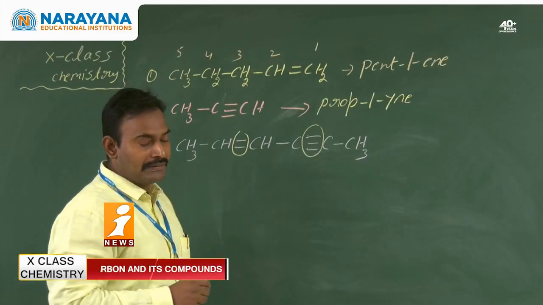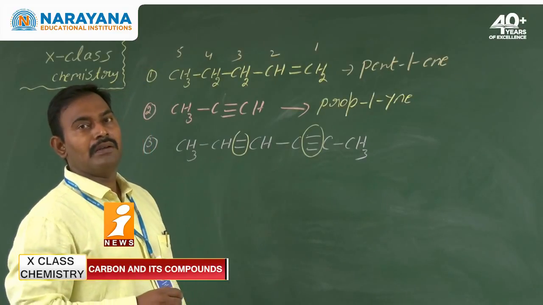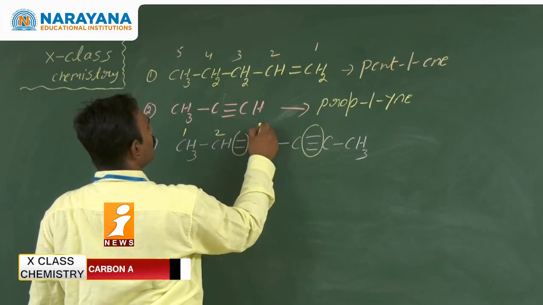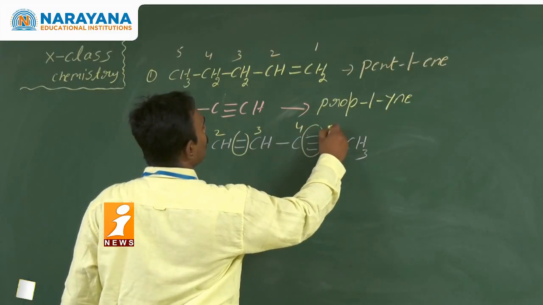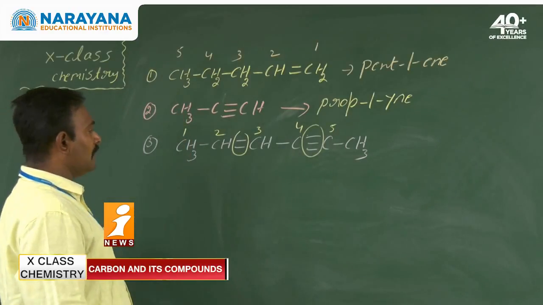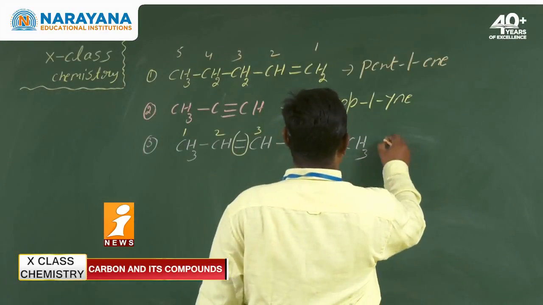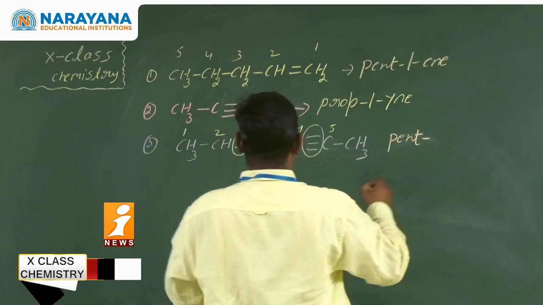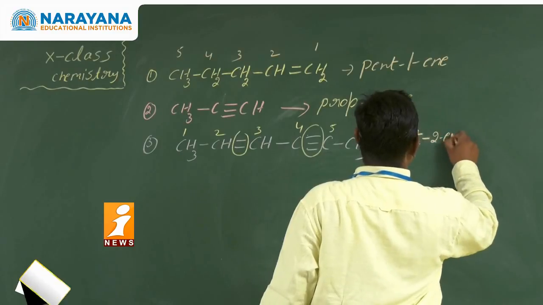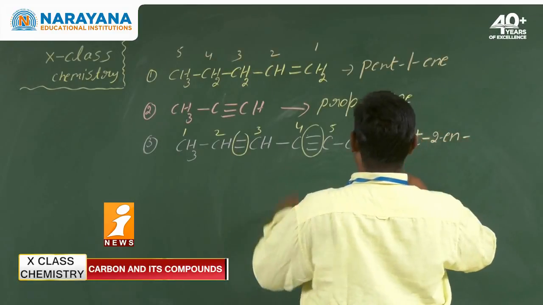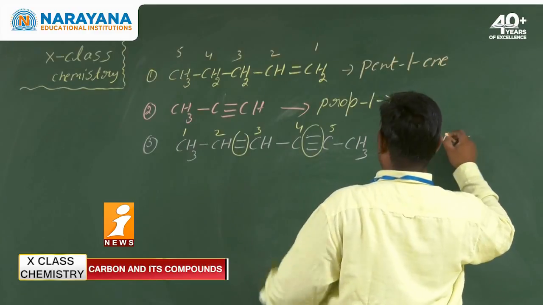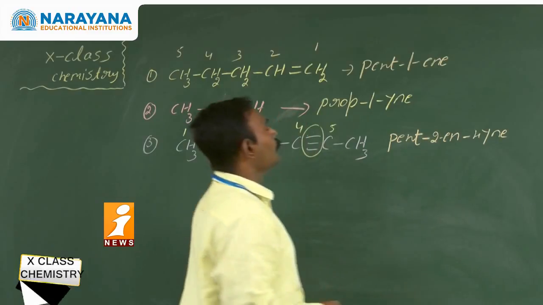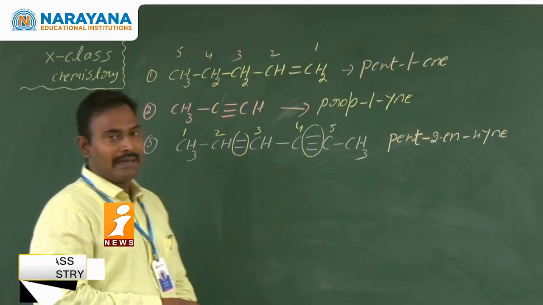So we give the numbering such that the double bond gets the least number possible. Numbering 1, 2, 3, 4, 5. So what is the name of this compound now? Pent-2-ene, 4-yne: pent-2-en-4-yne.